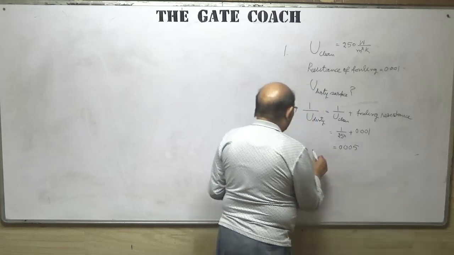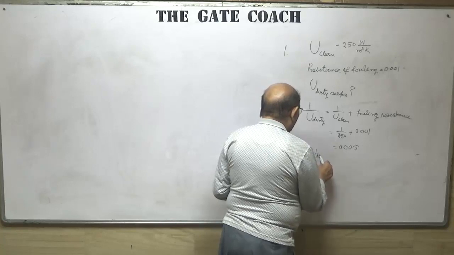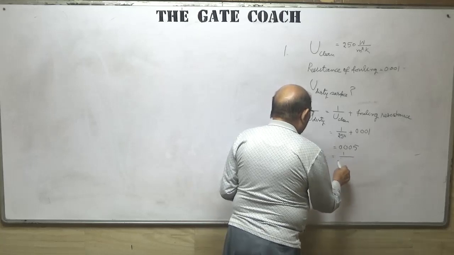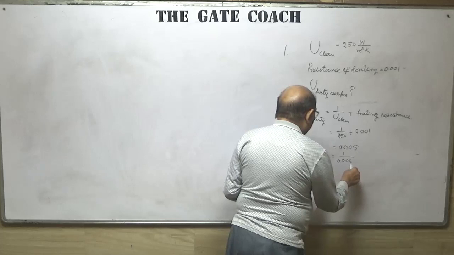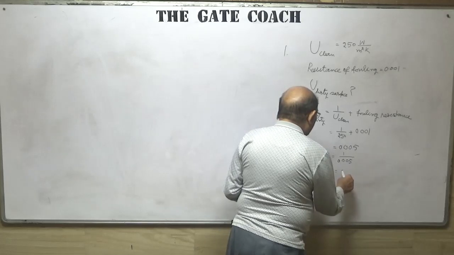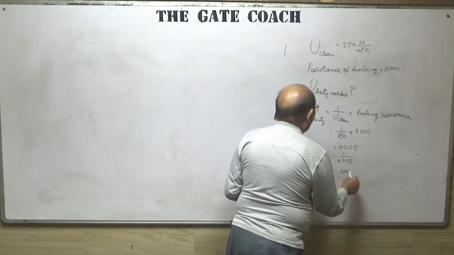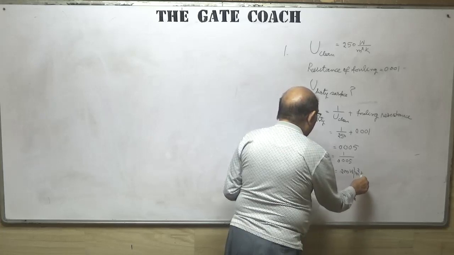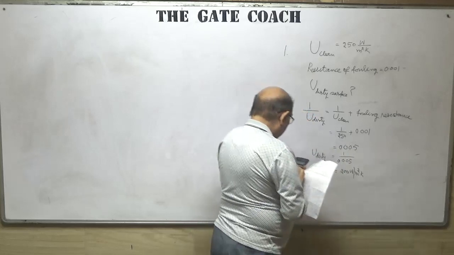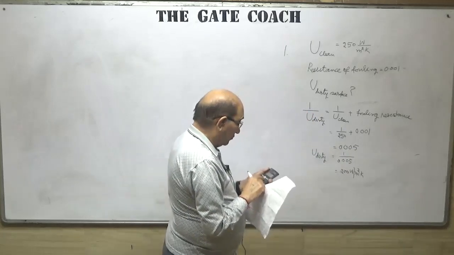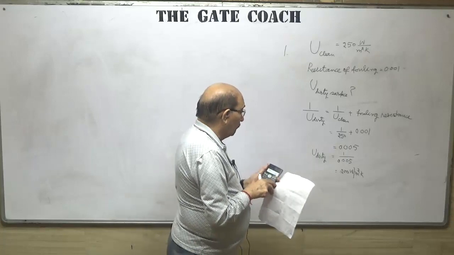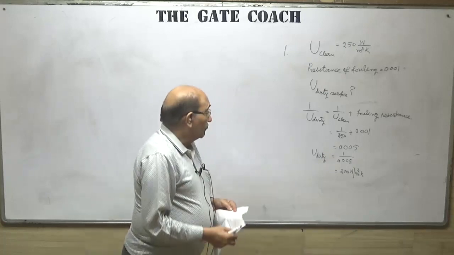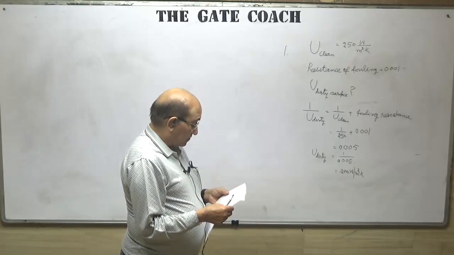That gives 0.005. So U for the dirty surface will become 1 upon 0.005, which is 200 watt per meter square Kelvin. This was the first question.